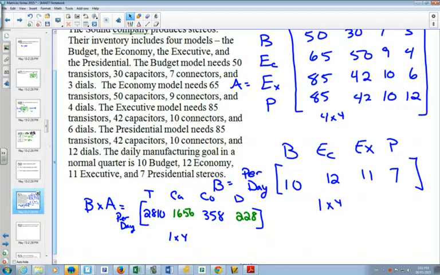Because we can see the per day comes from B, and the transistors, connectors, capacitors, and dials come from the other matrix. So again, not only is it important to put things together, but you also need to make sure that you label things in the same order. Because if you mix up the order, you could still multiply them, and you would get an answer that means absolutely nothing.